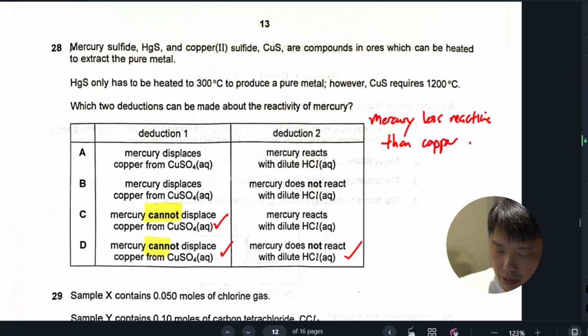All right, so C and D is okay. If mercury is less reactive than copper, since copper also doesn't really react with acid, then what more mercury? So mercury also does not react with dilute HCl. Our answer here is D.